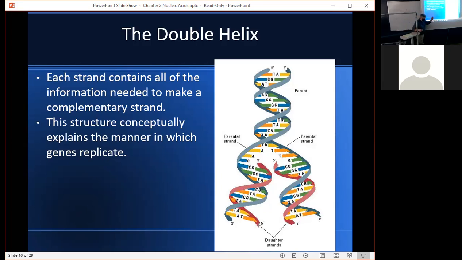So when we split the DNA molecule in two, each single strand can act as a template that contains all the information for synthesis of a new complementary strand. It's actually a very elegant solution to that problem.